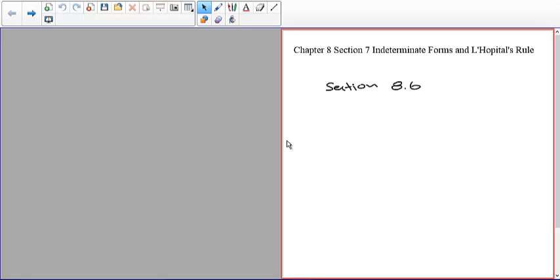Okay, so section 7 is actually needed to do section 8. Section 8 is integration. Section 7 is actually derivative. And there's only a small part of section 8 that you need to know this for. It's for finding the derivatives of expressions that are indeterminate.